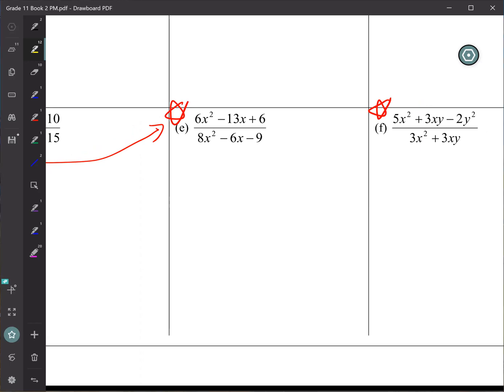But always start with GCF. So all these should be factorable.